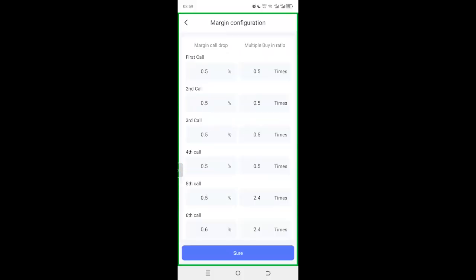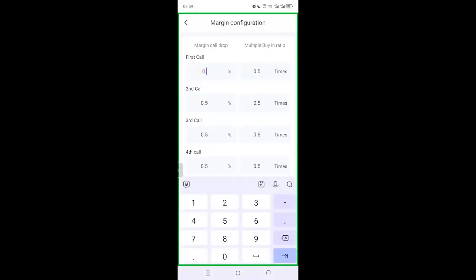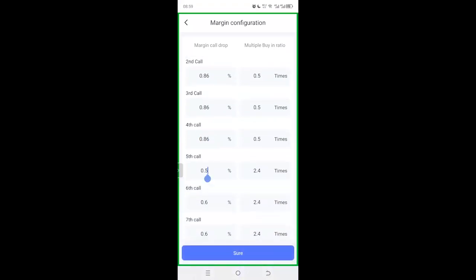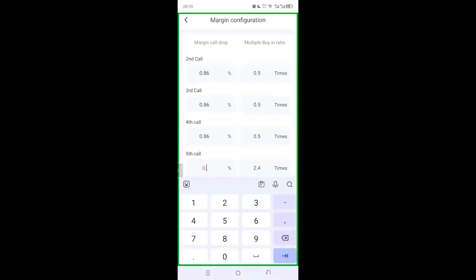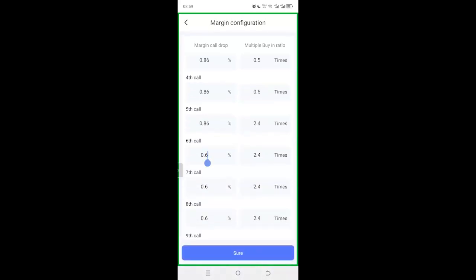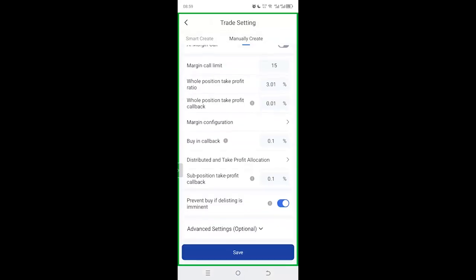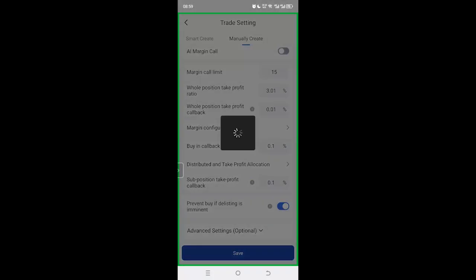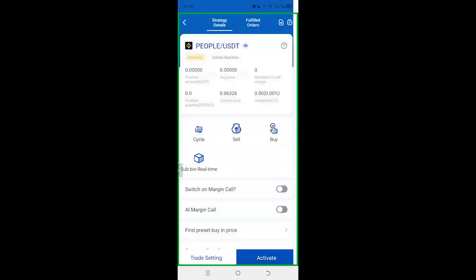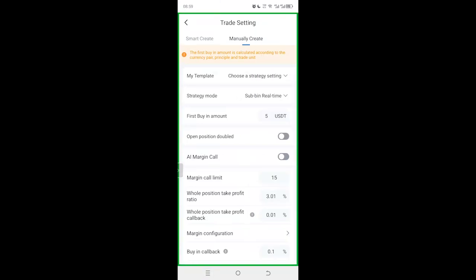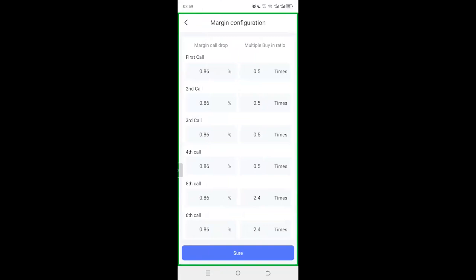Come here, put your 0.86 up to the end. What do you do? Save. 0.86, save, come back. Now you're going to find this.